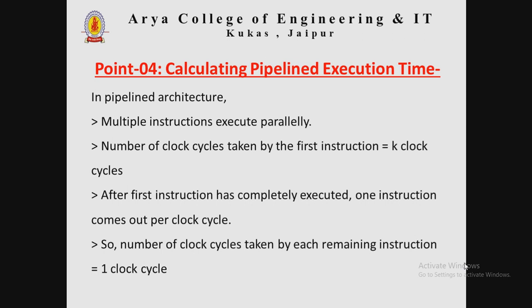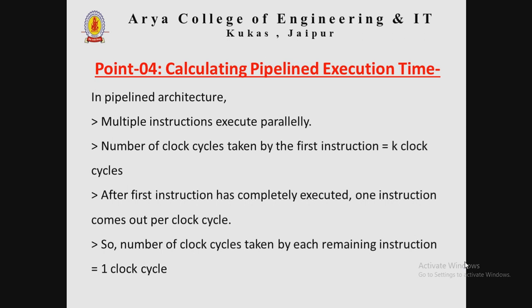We move to the fourth point, calculating the pipeline execution time. In the pipeline architecture, multiple instructions execute in parallel and the number of clock cycles taken by the first instruction is equal to k clock cycles. After the first instruction has completely executed, one instruction comes out per clock cycle.